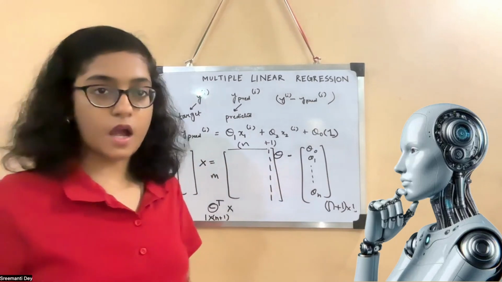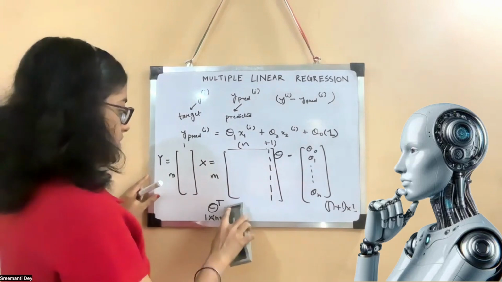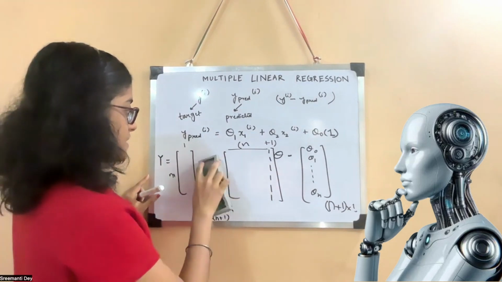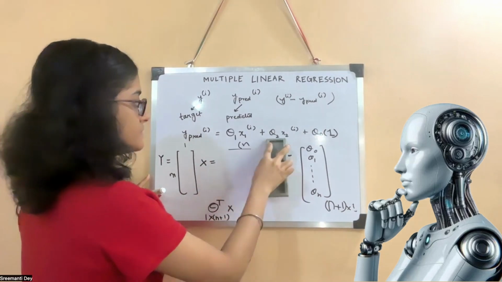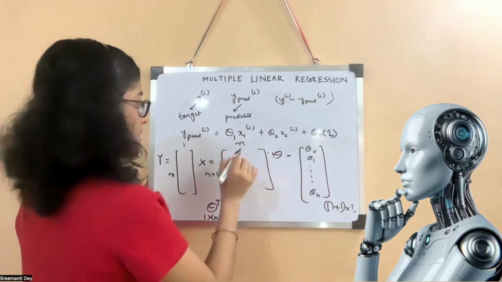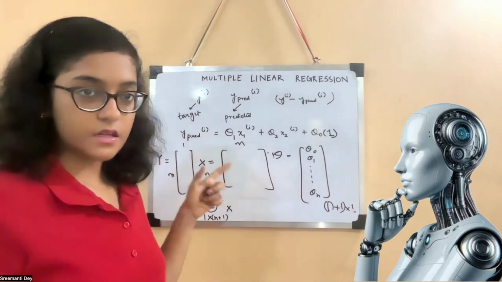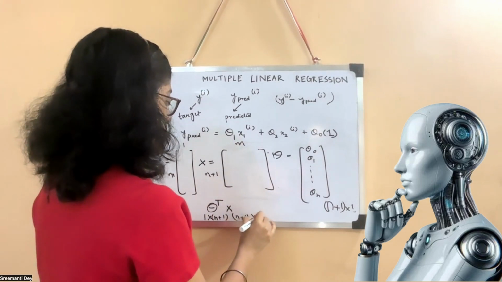So that just depends on how you express x. Suppose we want to write x in the form of n plus 1 cross m. So this is our final x coordinates, and this would be n plus 1 cross m.